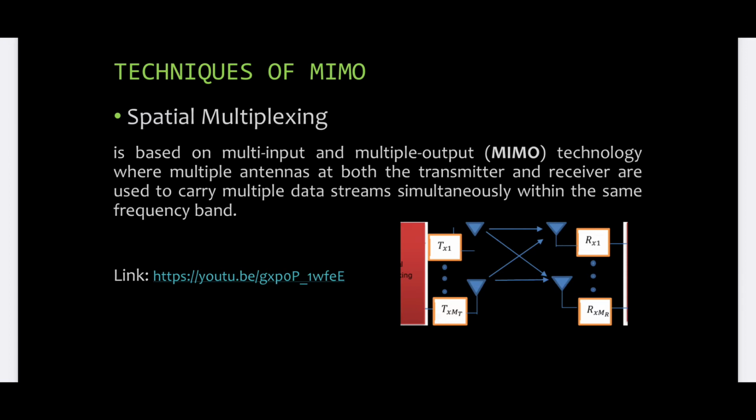The transmitter sends signals carrying different bit streams from each of its antennas. Each receiver antenna receives a linear combination of the transmitted signals. The wireless channel is a matrix that is a function of transmit-receive antenna array geometry, and the scatterers and reflectors present in the environment.